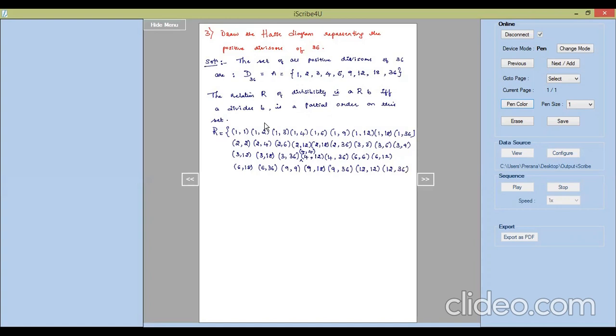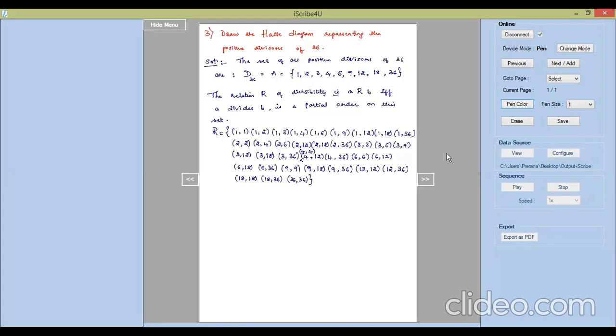A is related to B if and only if A divides B is the rule, so keeping that in mind we are writing all these ordered pairs. Next with 18: (18,18) and then (18,36). And lastly (36,36), 36 is related to itself.